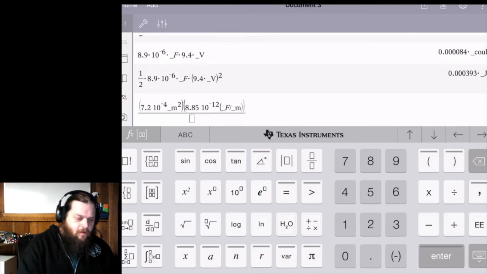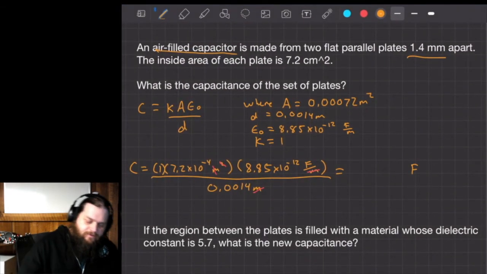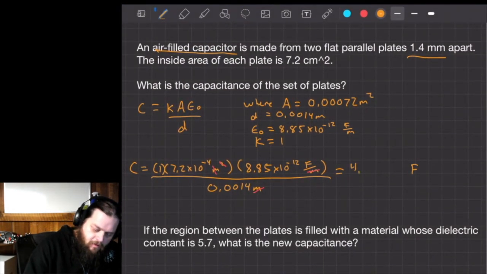We're going to divide that whole value by 0.0014 meters. There we are, 4.55 times 10 to the negative 12 farad. So that's 4.55 nanofarads.